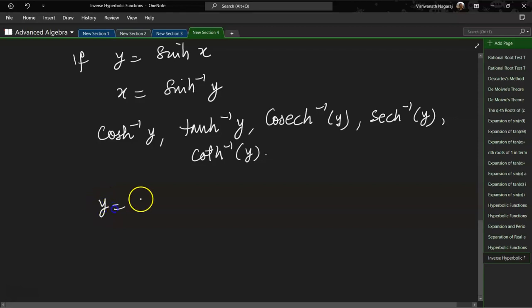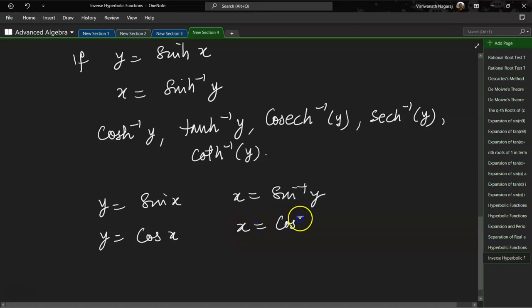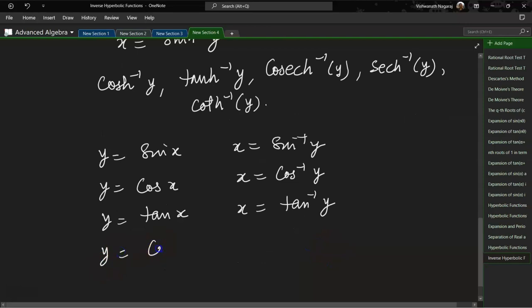Now, in case of circular functions, if we have said y is equal to sine x, we will have x is equal to sine inverse of y. Y is equal to cos x means x is equal to cos inverse of y. Similarly, y is equal to tan x, x is equal to tan inverse of y. Y is equal to cot x, x is equal to cot inverse of y.